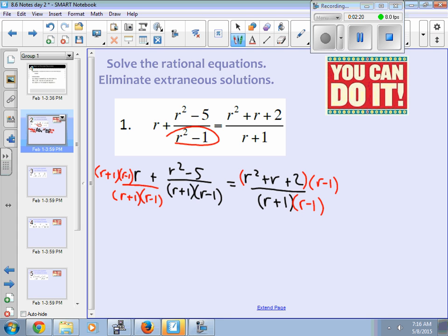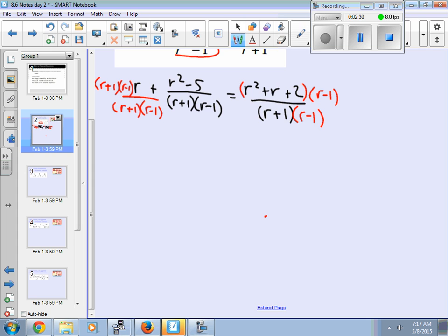All right, so now that we have that, we want to do some multiplying here and see what this one's going to look like. If we multiply r plus 1 times r minus 1, you should get r squared minus 1 when you multiply all that out, because that's what we had factored it from.